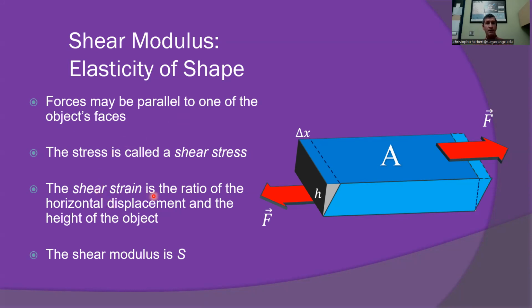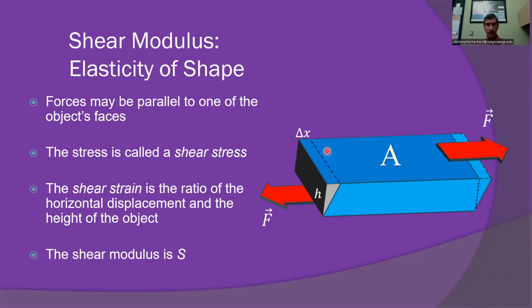The shear strain, again, is the ratio of the horizontal displacement, how much we move the top surface compared to the bottom surface, compared to how much vertical distance that we have.